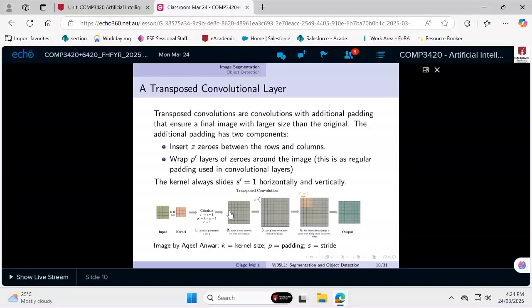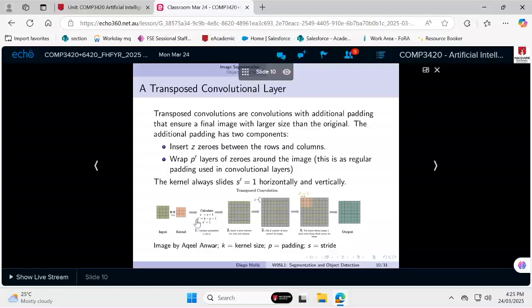But padding, there are two kinds of padding. One is the regular padding, which is going to add a wrap around the image. And I think that's what is called Z in this case. So calculate new padding, Z, which is the stride minus 1. Okay, so it's going to be 1 in this case, so add this one here.